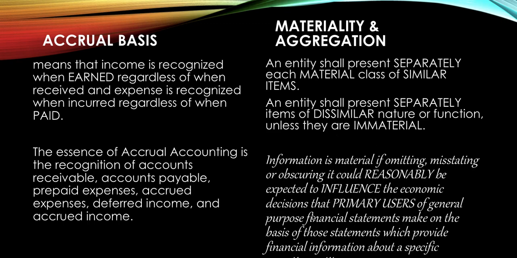So, ang guidelines, gi-revise na ang definition sa materiality, so information is material if omitting, misstating, or obscuring it could reasonably be expected to influence the economic decisions that the primary users of general purpose financial statements make on the basis of those statements, which provide financial information about the specific reporting entity.